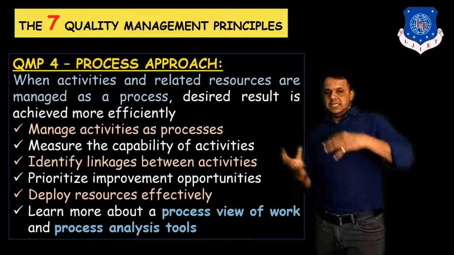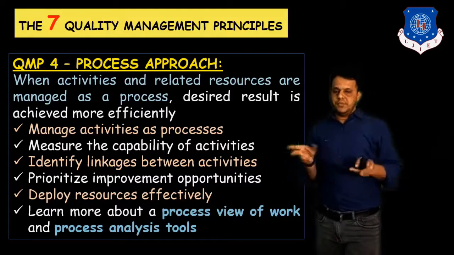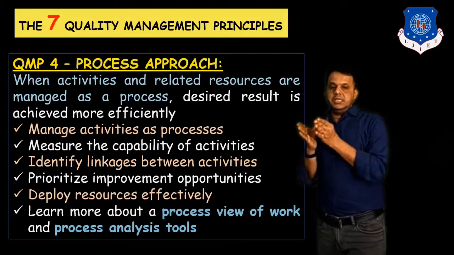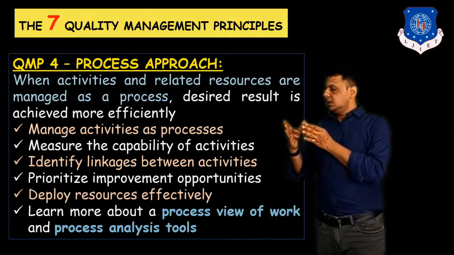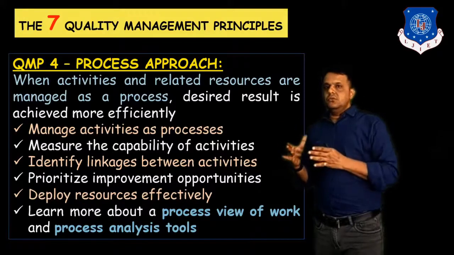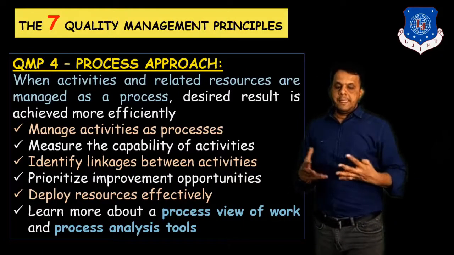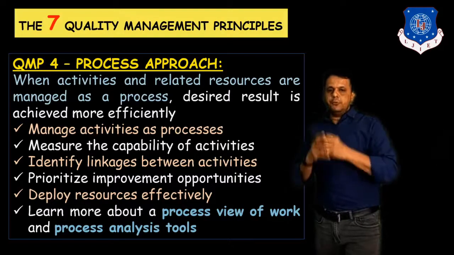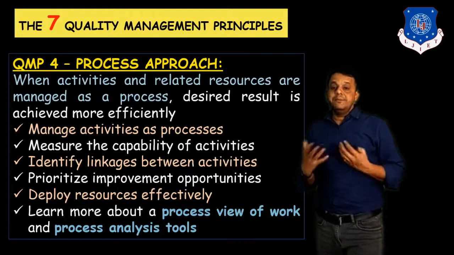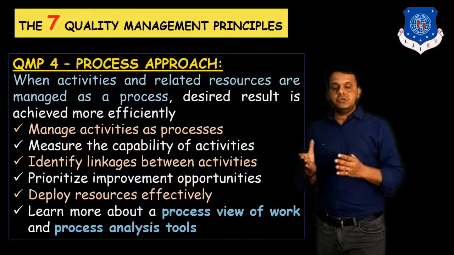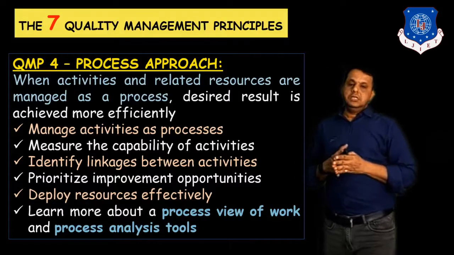Then identify linkages among activities, or between two activities, and the important activities or very lucrative areas are to be prioritized, and you see what the opportunities to improve are. Then you have to prioritize. Deploy resources very effectively.